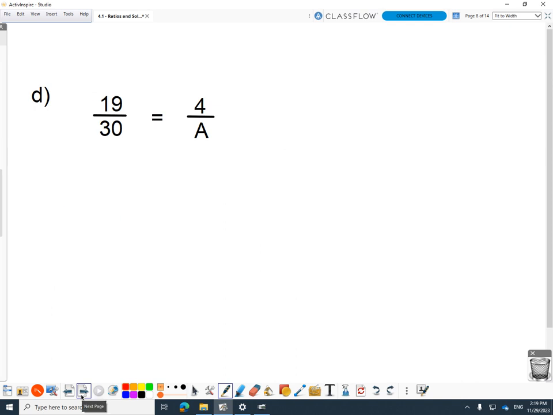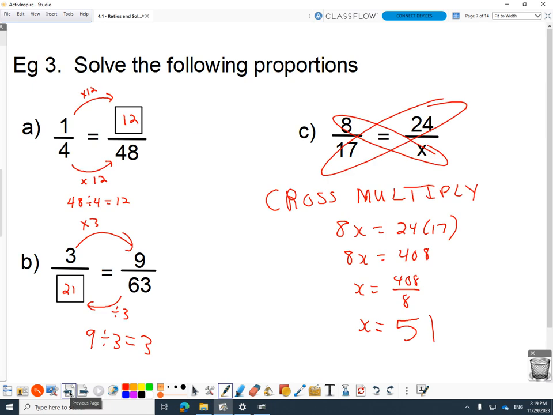Those of you who are done that one, go to D and take a shot at it. Let's not wait till 5 minutes from now to find out you don't know what you're doing. Maybe get a calculator. It might be time.